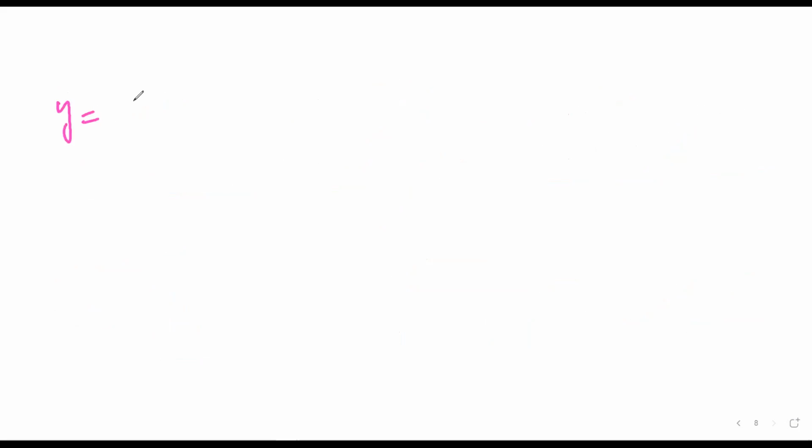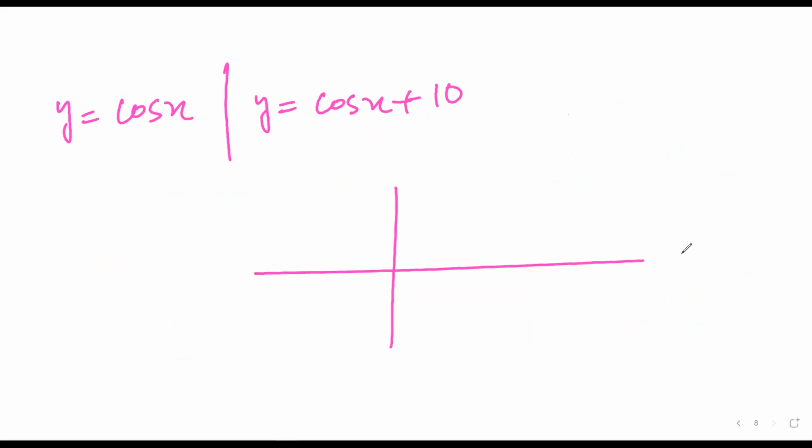So if I have y is equal to cos x, and somebody asks me what is the meaning of y is equal to cos x plus 10, all this means is that if my cos curve looks like this, all this 10 will do is basically raise the cos x.